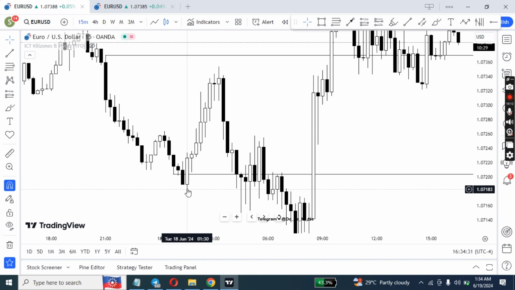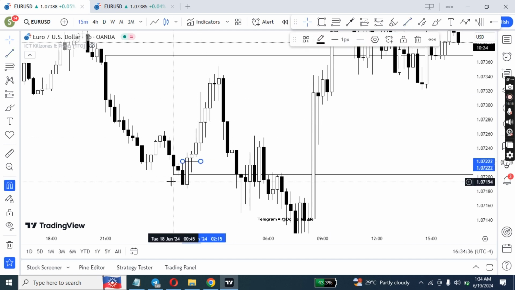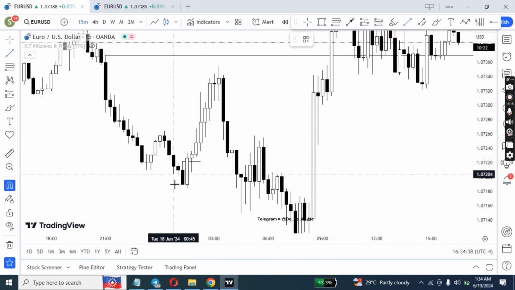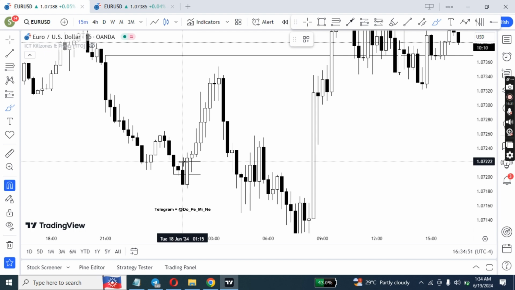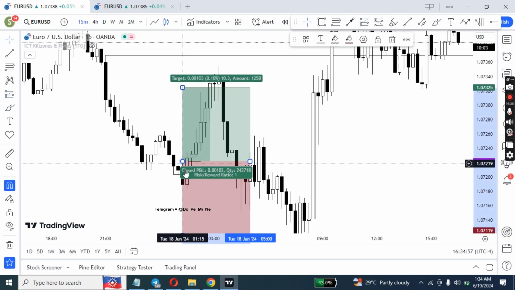And we purged that, and then we closed above, and we had a CSD which confirmed our bias and confirmed our drawn liquidity. Now what I did is took a model 1 entry. Now for those of you that know model 1 entry, you're going to see that basically we're going to take an entry at the open of this order block, right? At the high of this order block, right?